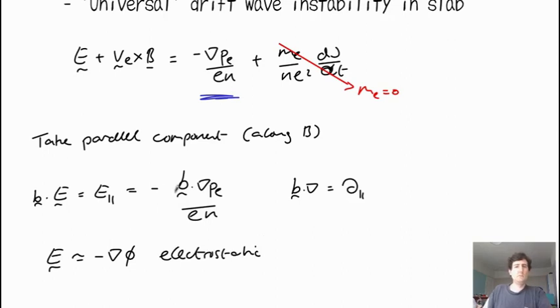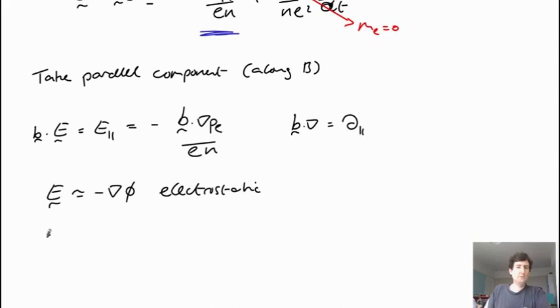And so the parallel field, E parallel, is roughly just minus B dot grad phi, which we're going to label minus grad parallel phi. So what we do now is look at what happens to small perturbations. If you have a wave in the plasma which is causing density perturbations or perturbations to the potential, for example, how does this equation respond?